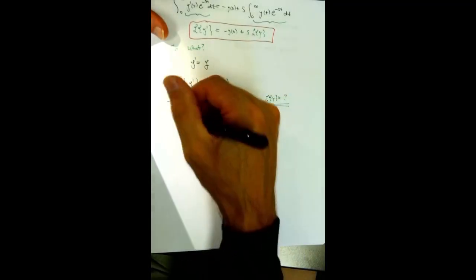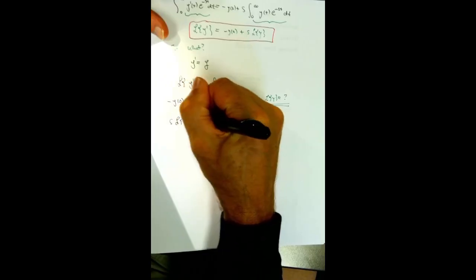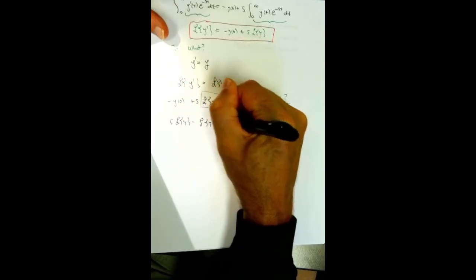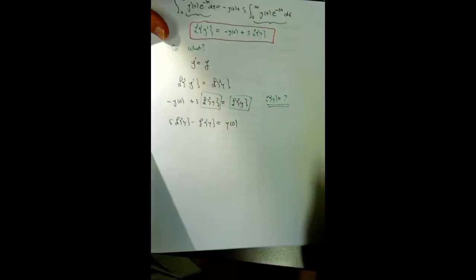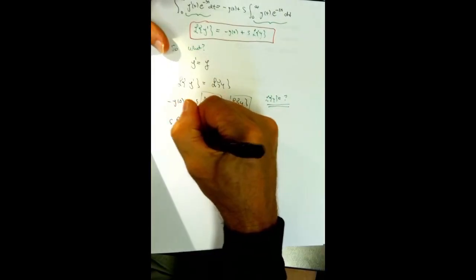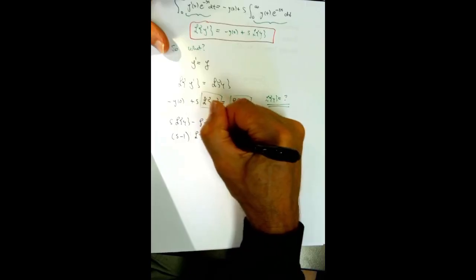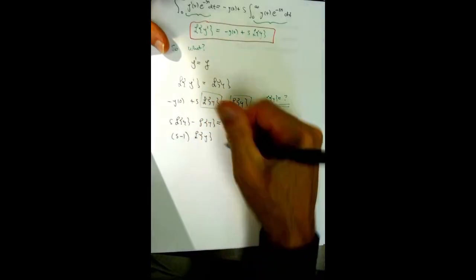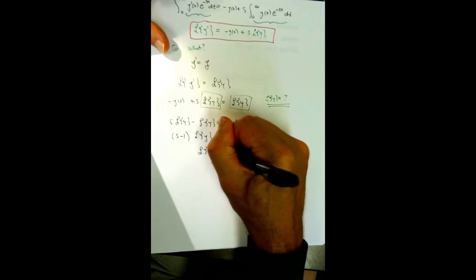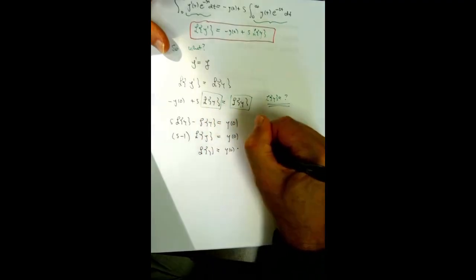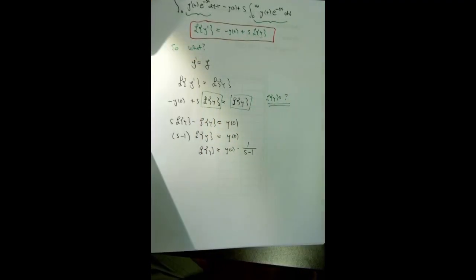So let me subtract Laplace transform of y from both sides and add y of 0 to both sides. I can factor out a Laplace transform of y. And then divide by s minus 1.